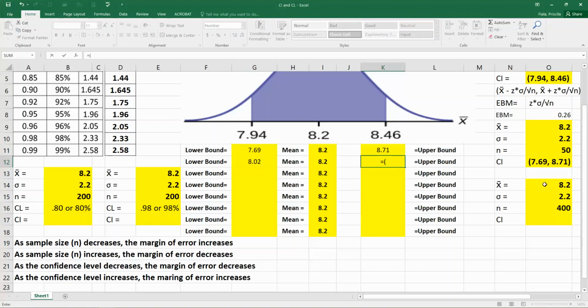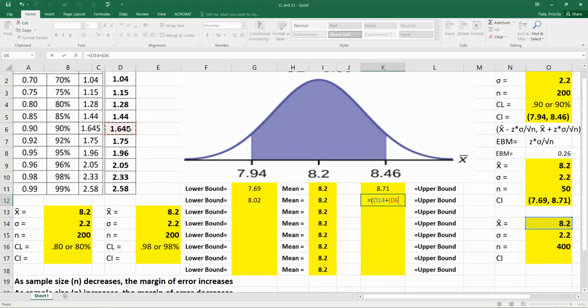We have, let's just keep it here. Mean 8.2, and I'm doing the upper bound, so it's a plus. My z-score remains 0.90, correct? And then times my standard deviation divided by my square root. And then I increase my sample size over here, correct? Look what happened. Now this got closer to the mean.